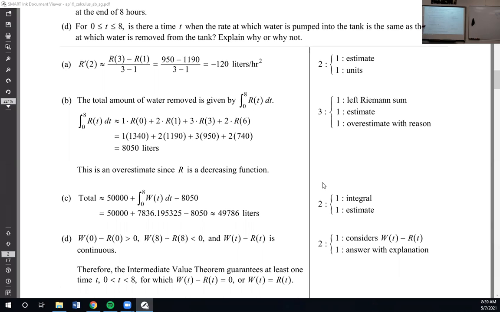We can tell that basically at 0, W is bigger than R, and at 8, at the endpoint, W is less than R. And so at some point, because our functions are continuous, that had to cross, and the rate in had to pass the rate out, which meant at some point they had to be the same in order to pass each other. So that's an intermediate value theorem question.